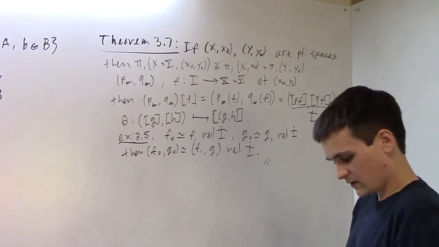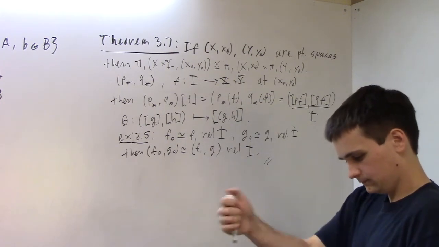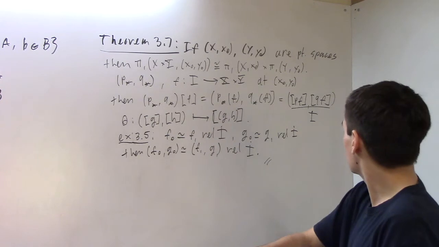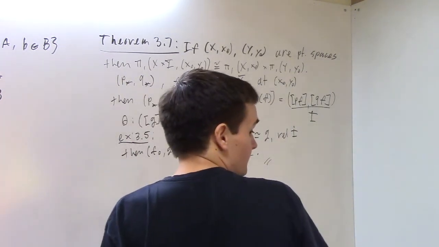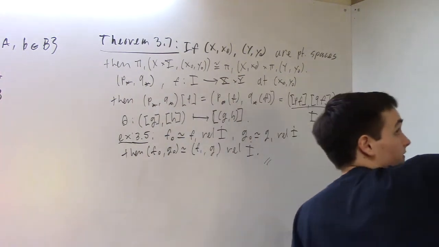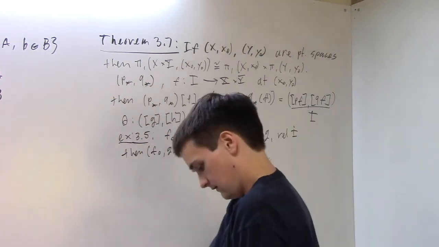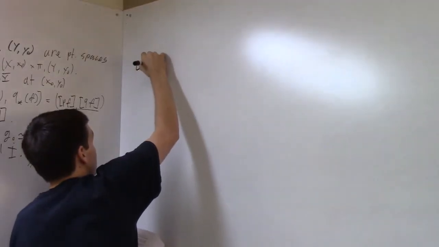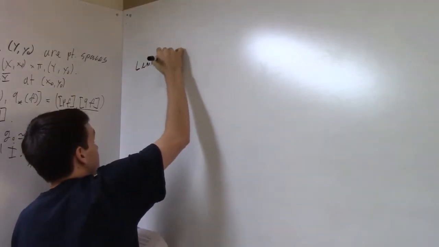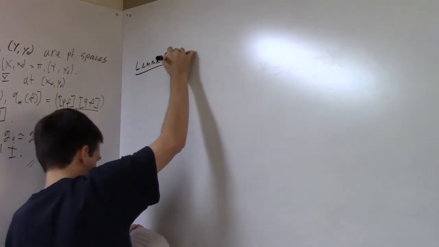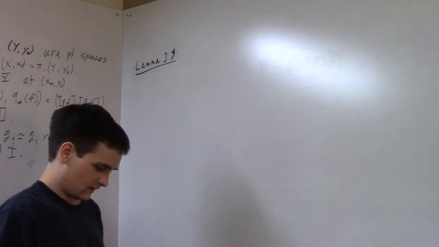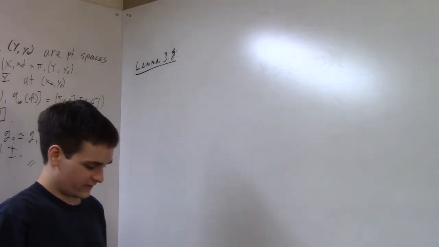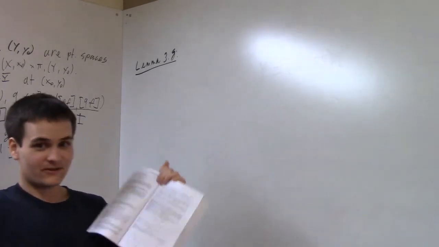So this next lemma here, lemma 3.8. This is kind of a technical lemma, and if you're looking in the book, you can see that they use the picture argument again.